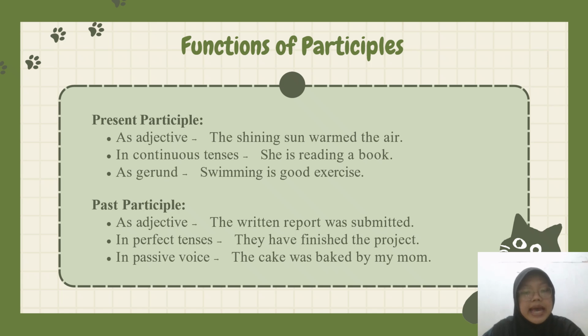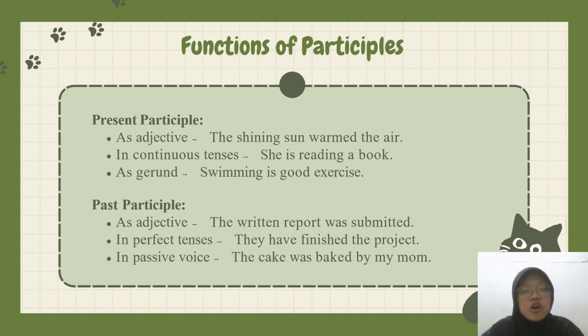Okay, next, as a gerund. Swimming is good exercise. No, this is a bit tricky. Swimming also ends in ing, but look at its function in the sentence. Is it describing something or part of a verb tense? No, it's the subject of the sentence, functioning as a noun.